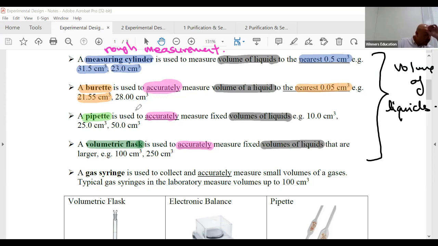If it's exactly on that number, say 28, you cannot write 28. I repeat myself, you have to write it as 28.00 cm cube because this is its precision. You have to write like that. You cannot write 28 cm cube when it comes to a burette.